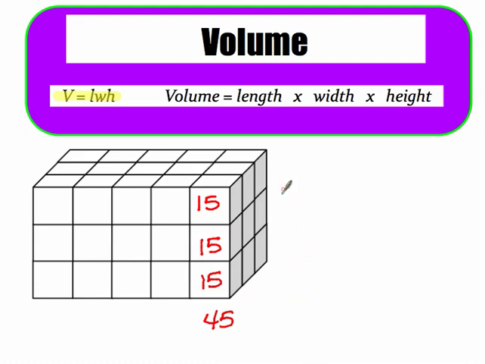Okay, length. It kind of depends how you look at it, but I'm going to say length is this way. And we've got 1, 2, 3, 4, 5. There's my length. Width, I'm going to say, is going this way, and that's 1, 2, 3. So times 3. There's my width.